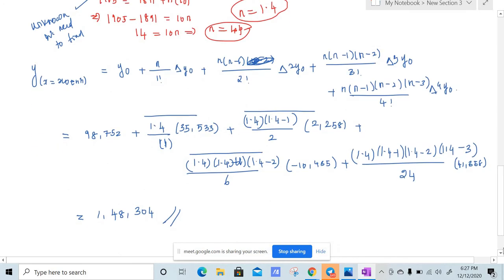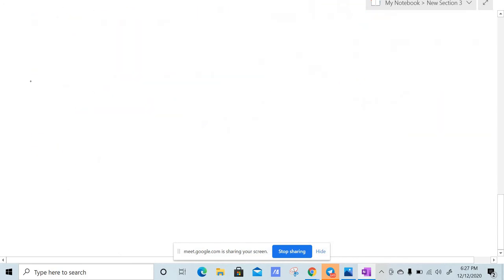So we'll do one more problem in Newton forward. Problem 2. The value of y is equal to f of x for x is equal to 0, 1, 2, 3, 4, 5, 6 are given.